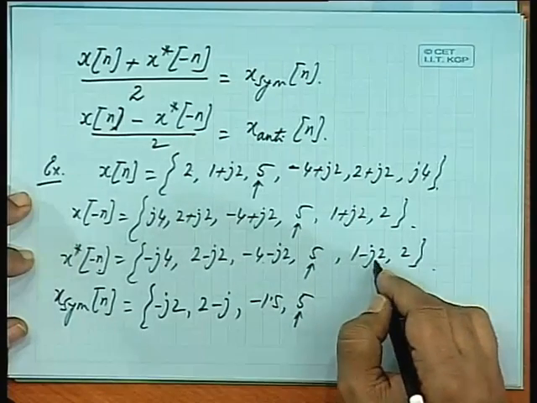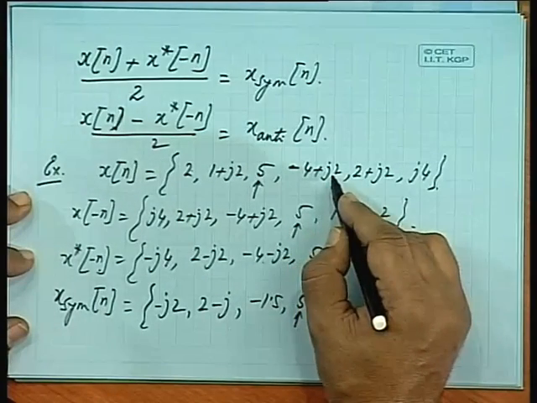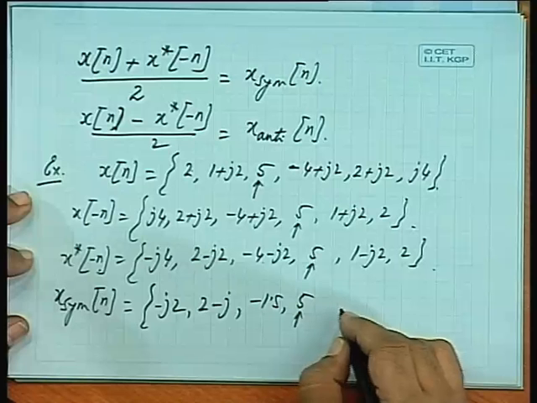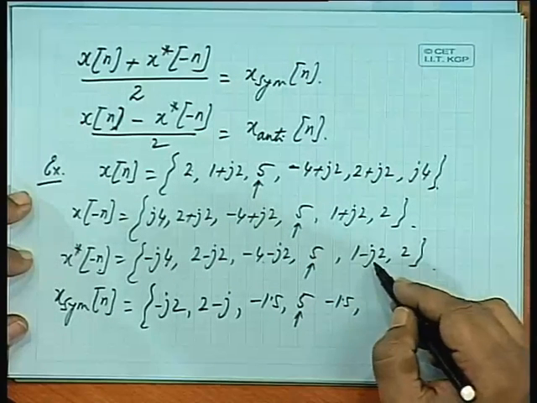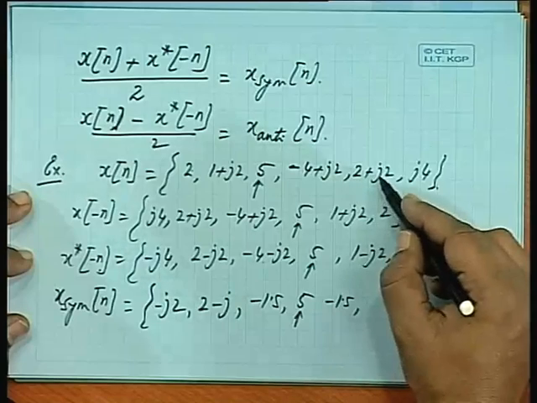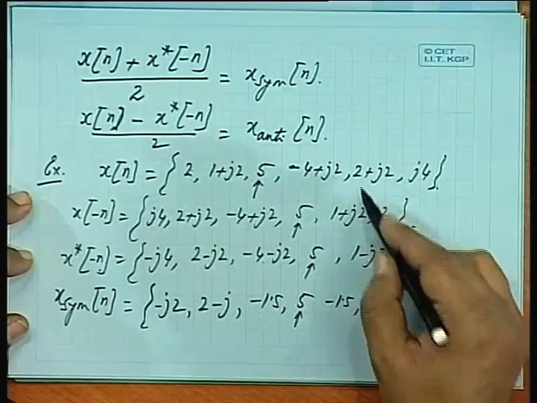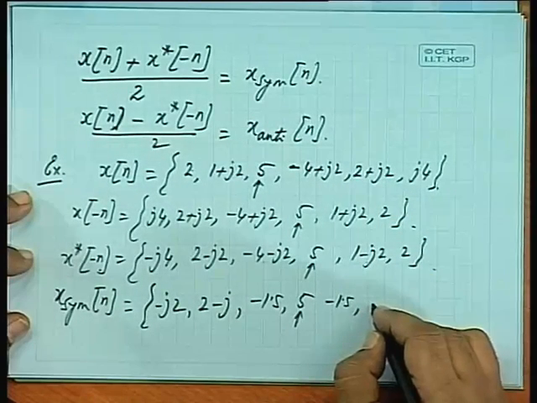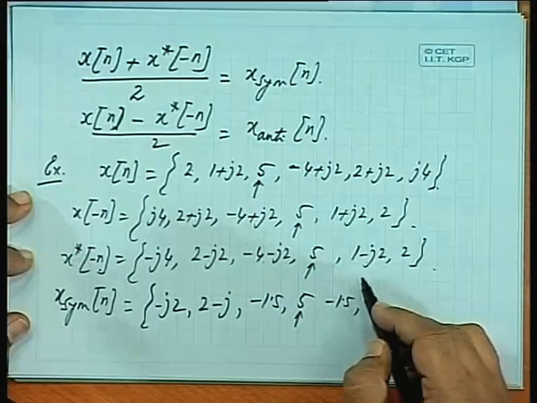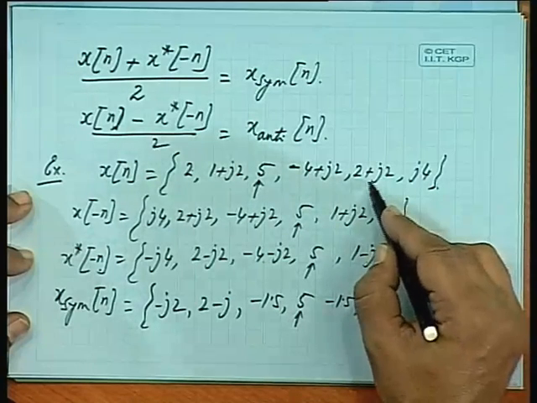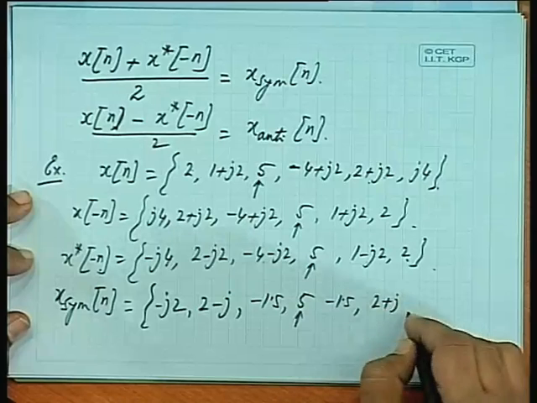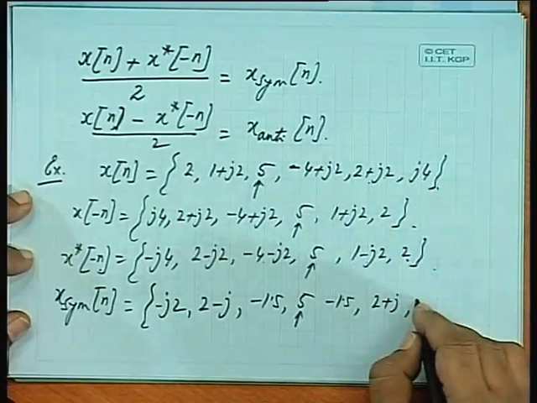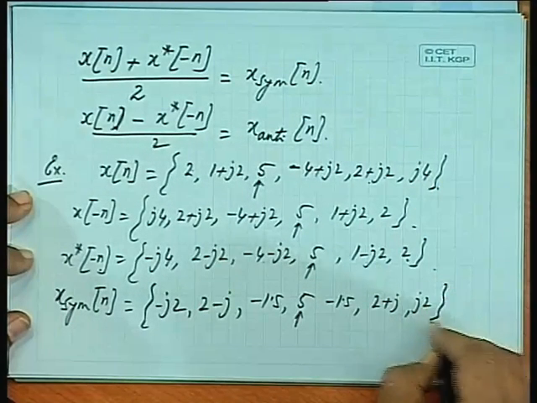Then 1 minus j2 and minus 4 plus j2, again minus 1.5, and then this one and this one, 2 plus j2, so it will be 2 plus j, and j4 it will be j2.